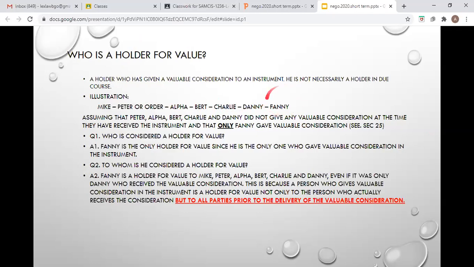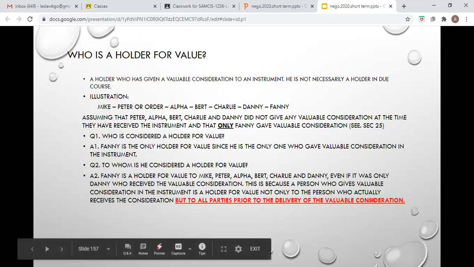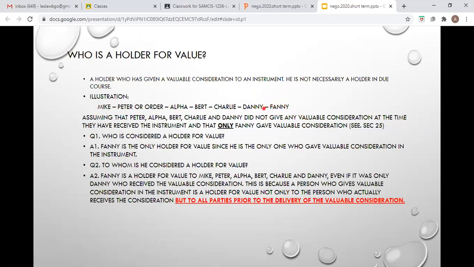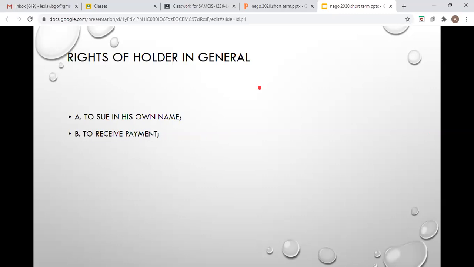So he's a holder for value not only insofar as Danny, the person who actually received it, but also to all prior parties. Okay? Before the delivery of the valuable consideration. So in this situation, Fanny is a holder for value not only to Danny, but also to Mike, Peter, Alpha, Bert, and Charlie.